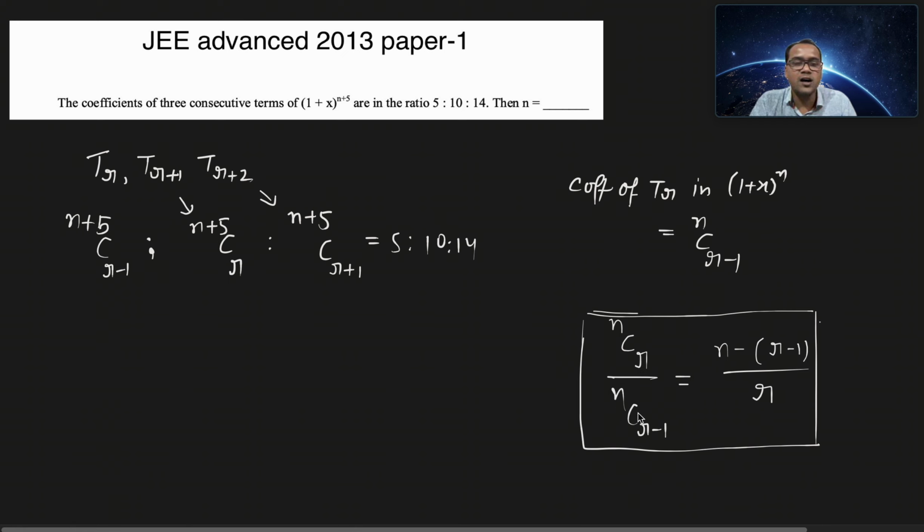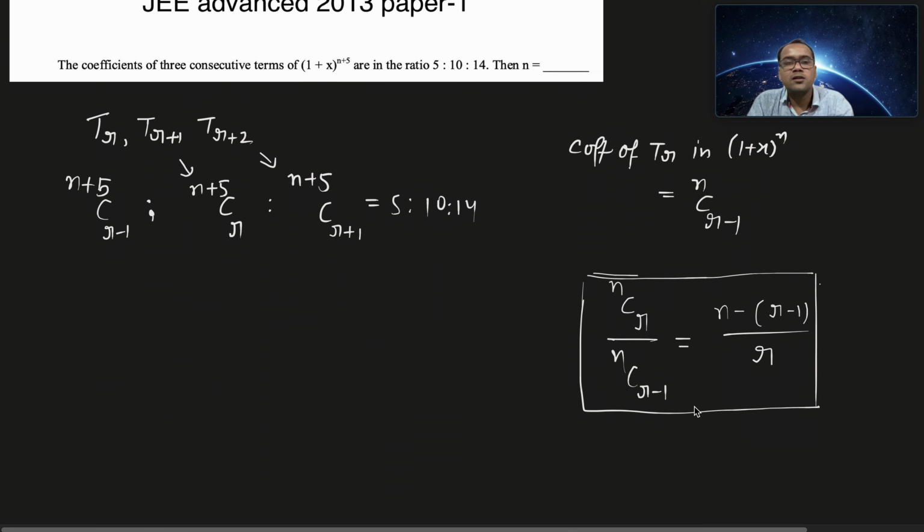So here nCr, here nC(r-1). So the lower suffix binomial coefficient is in the denominator. So in the numerator, I would subtract that subscript from n. In the denominator would be the bigger suffix, which is r.